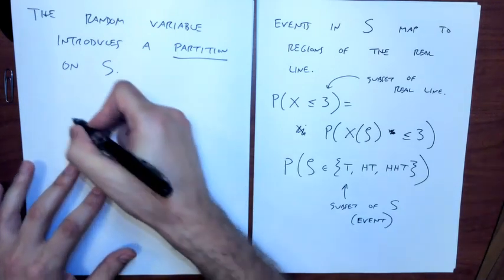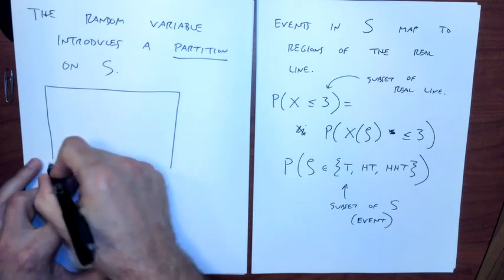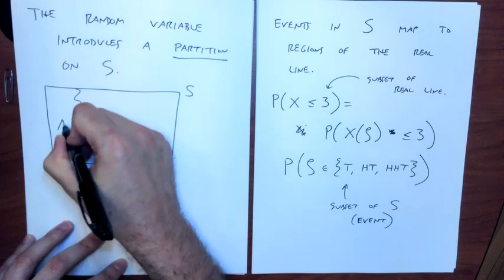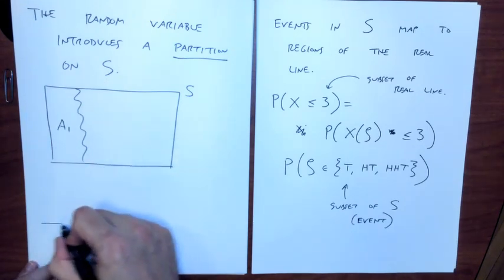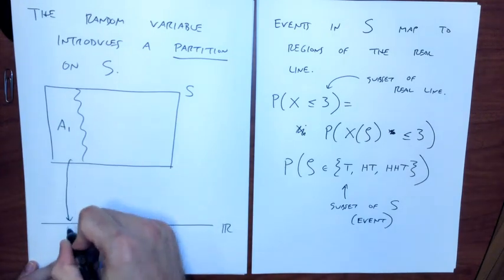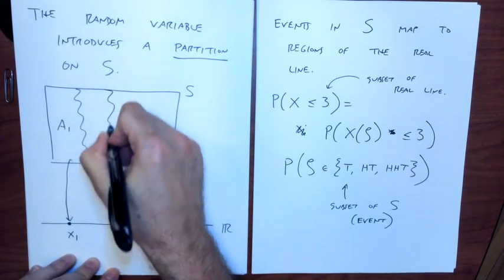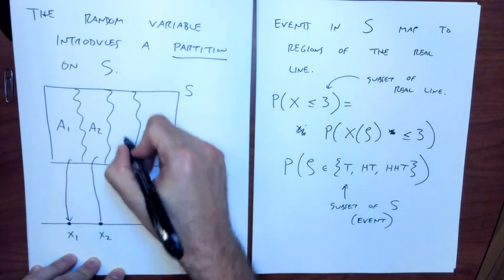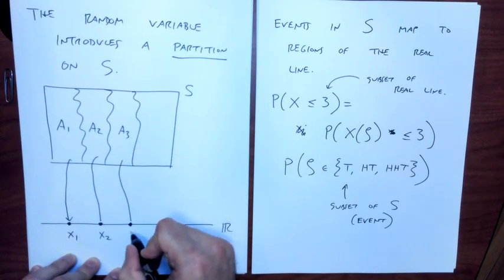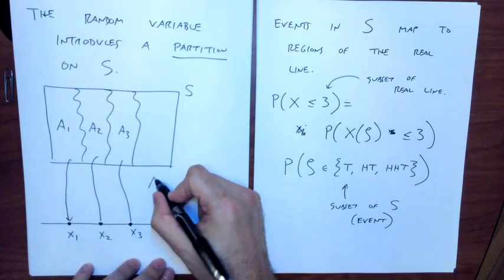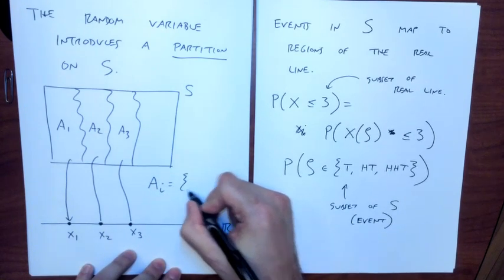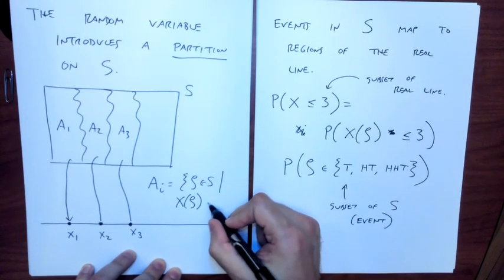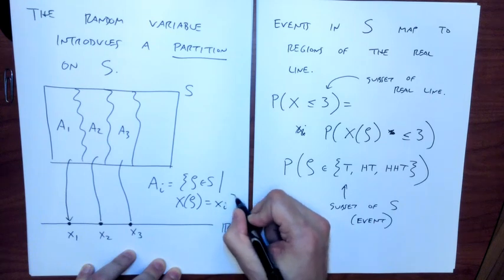And so I could say, if here is my sample space, I could make a set that says, all of these outcomes over here in this part of the sample space get mapped to this one value over here. And all these guys get mapped to this value over here. And so on. Right? So here, this A_i is the set of outcomes such that the real number that I get by applying my function is x_i.